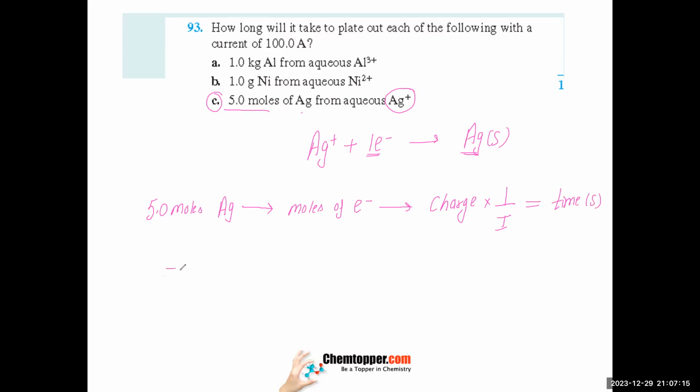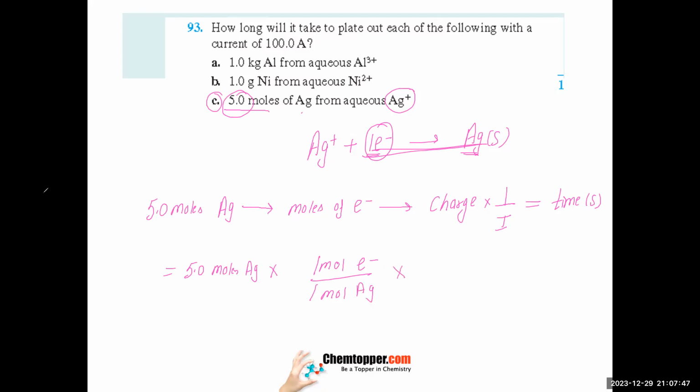Plug in all the values. 5.0, two significant figures again. Moles of silver. Now what is this ratio? 1 mole of silver. Oh, it should go in the denominator, right? So I'll write 1 mole of electron over 1 mole of silver.